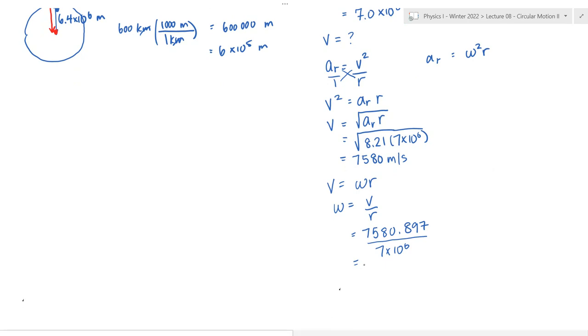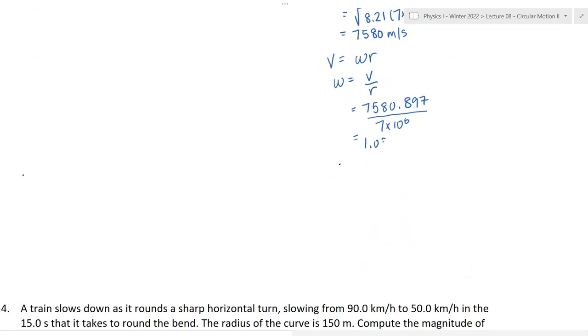And I get 1.08299 times 10 to the negative 3. So what are the units for this? This is omega. So omega is radians per second.